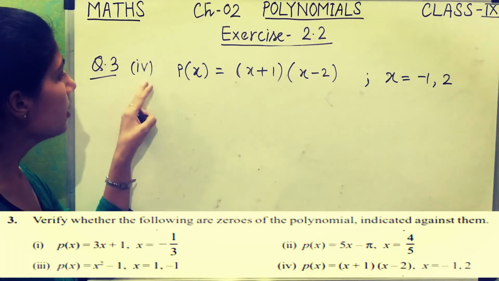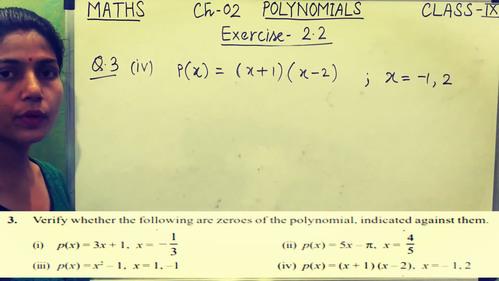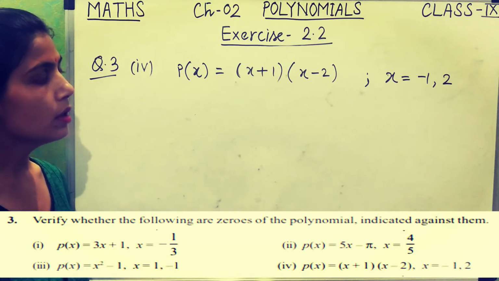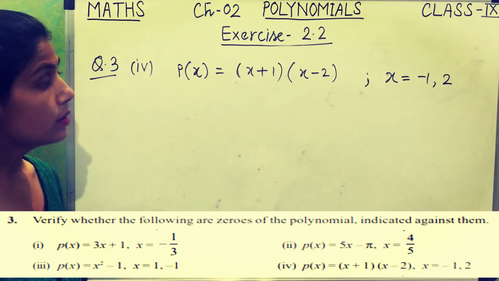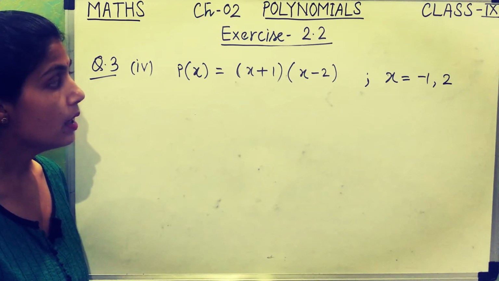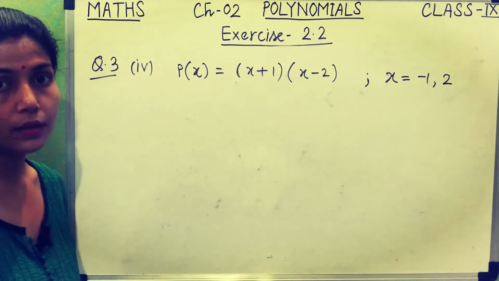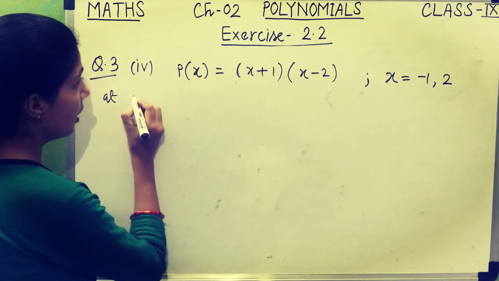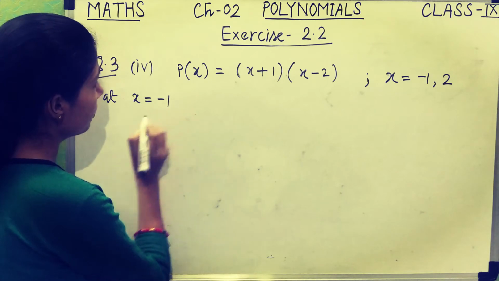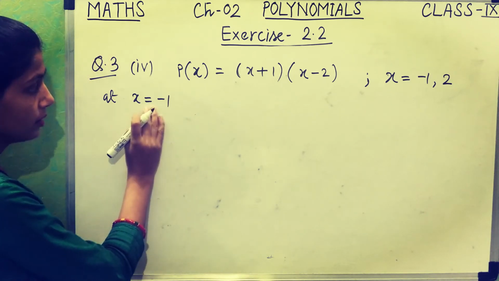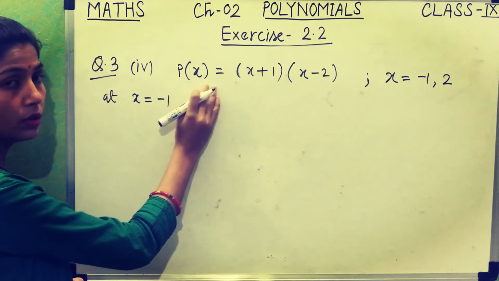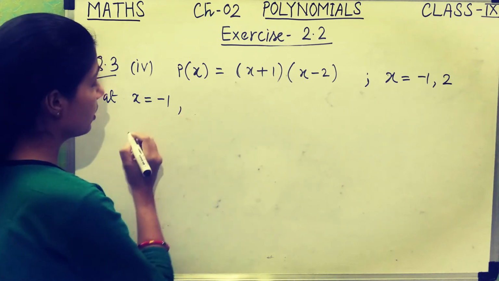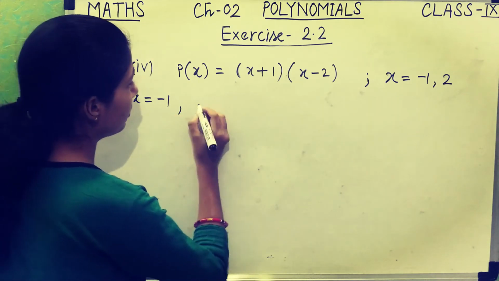So the fourth part is p(x) equals x plus 1 into x minus 2, and you have to check its zeros at x equals minus 1 and 2. First we will check x equals minus 1. For this we have to put this value in the polynomial.